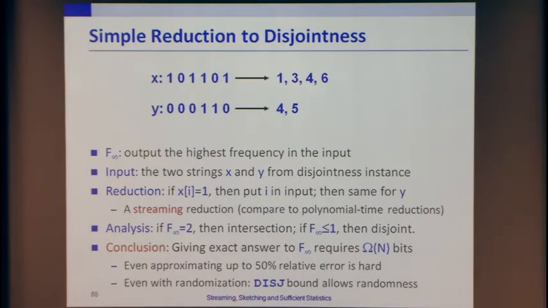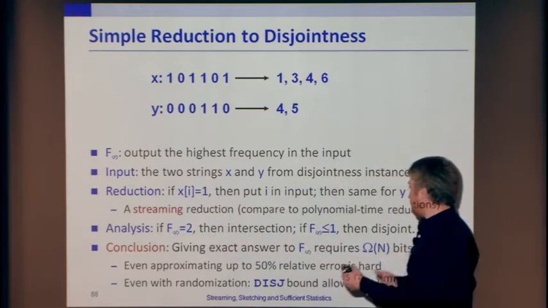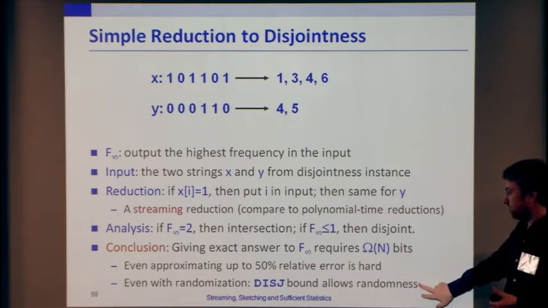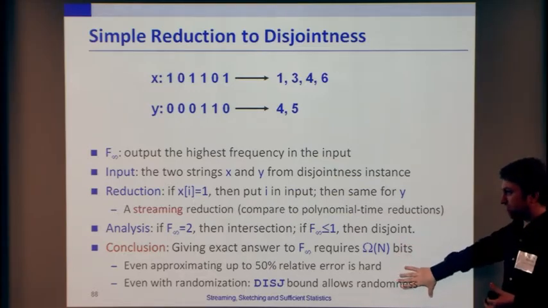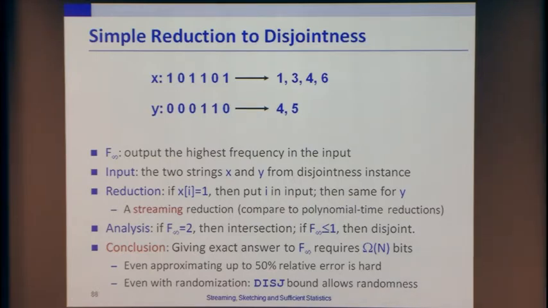And in fact, because it's a distinction between 2 and 1, even if we could approximate this answer up to constant relative accuracy, we'd still effectively solve the disjointness problem. This holds for any randomized construction because the communication problem allows the parties to use randomization.